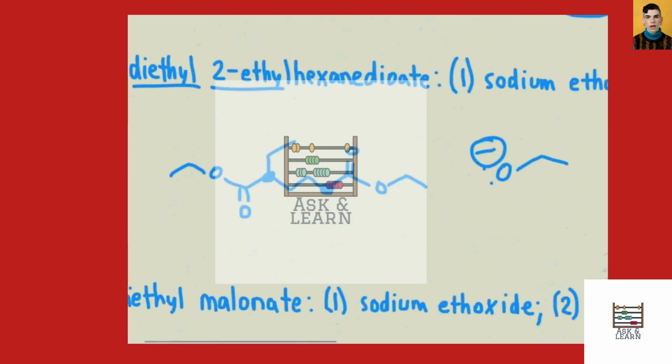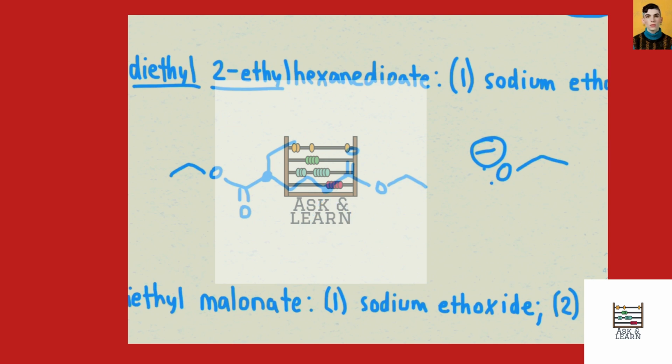If we analyze this compound, we have an alpha carbon here and an alpha carbon here, but which one are we going to deprotonate? We're going to deprotonate this one, because this carbon right here only has one extra hydrogen, and this has to have the deprotonation of two hydrogens. Just based on the fact that this carbon has two hydrogens, I'm going to have to deprotonate that one.